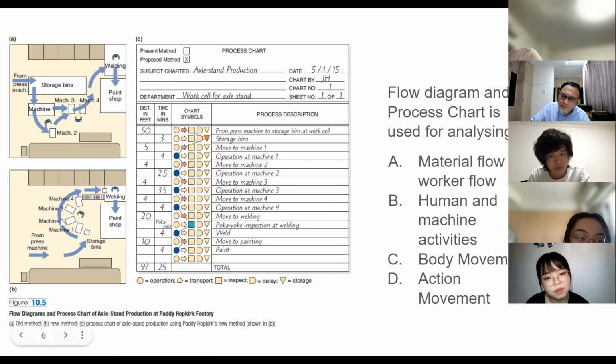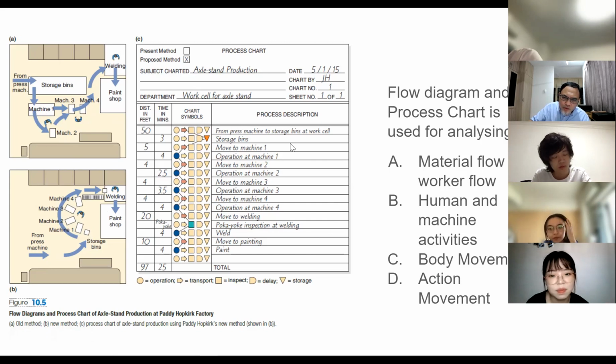Think about it. Material flow, maybe? Exactly, material flow, because this is material flow. And also the individual doing the work here needs to move. So this is showing the movement of workers or individuals.